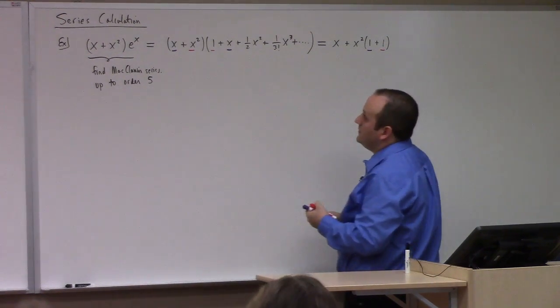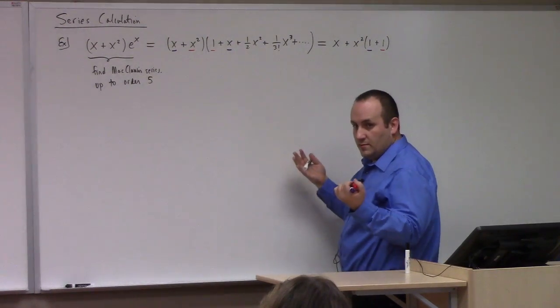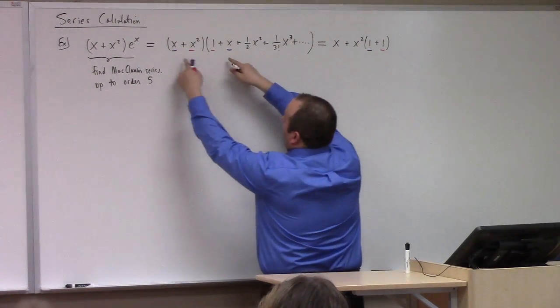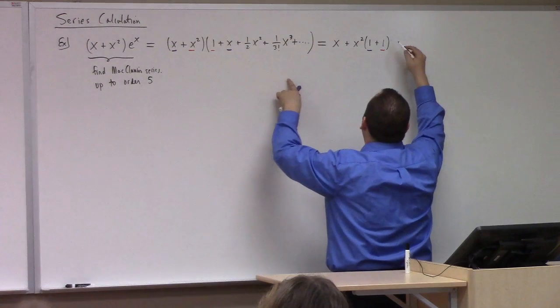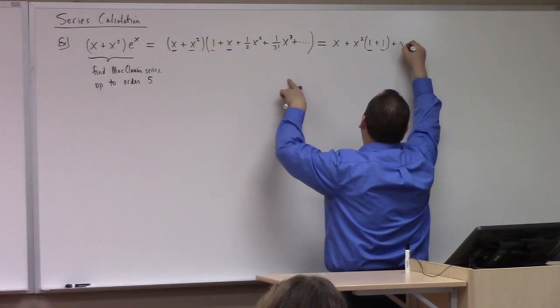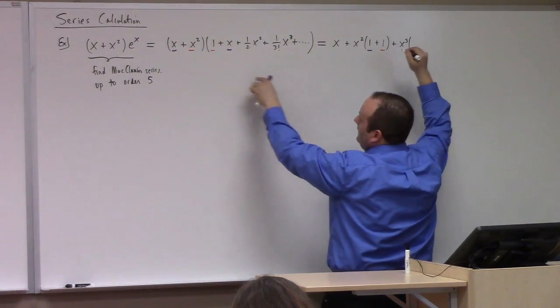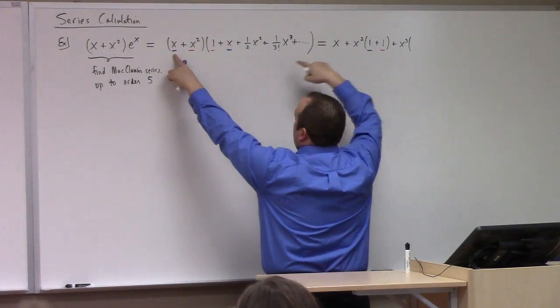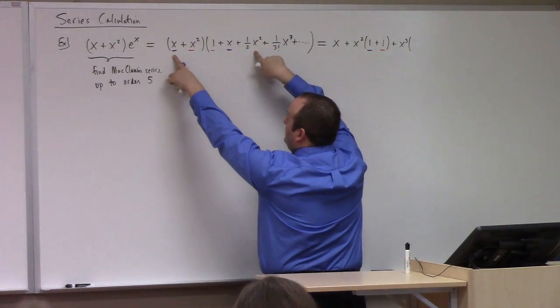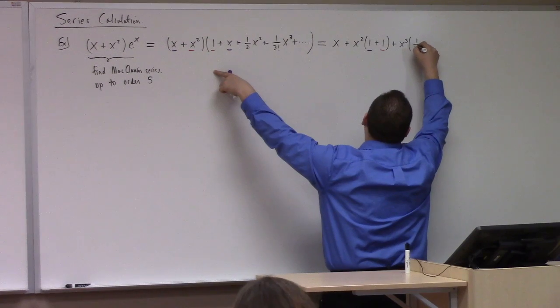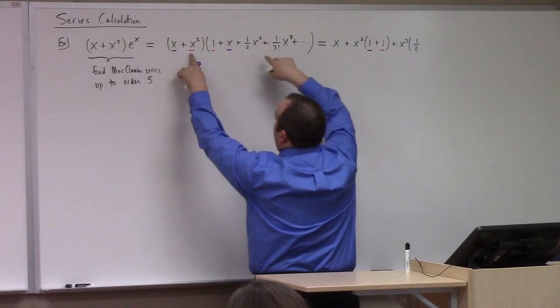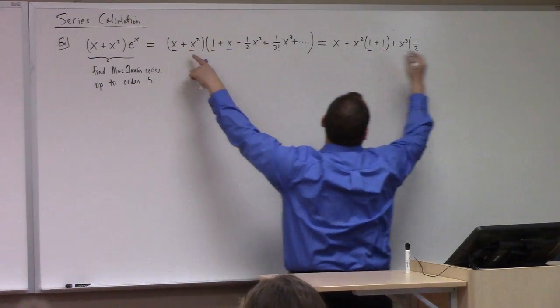No, those are the only possible products that give x squared. How about the cube? I have x times 1/2 x squared, which gives me 1/2 x cubed. And what else? I have x squared times x, so I get plus 1.